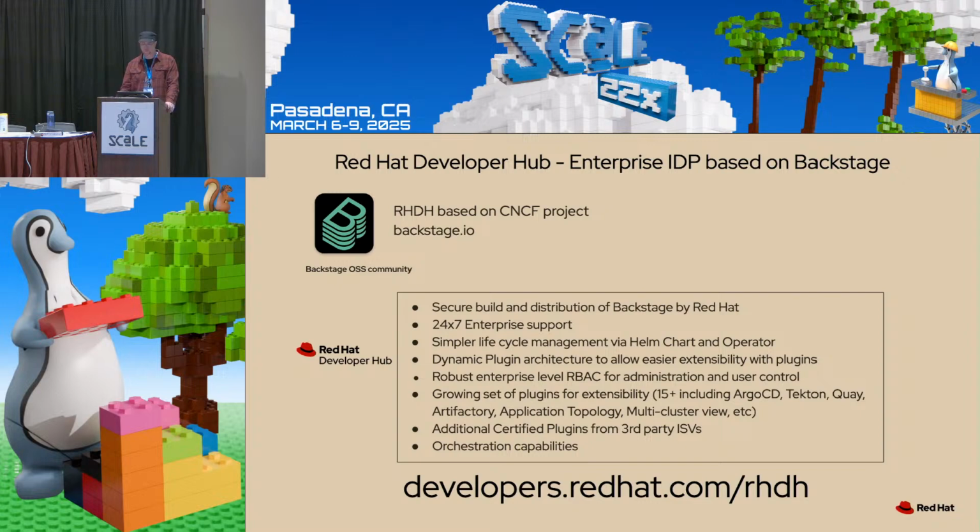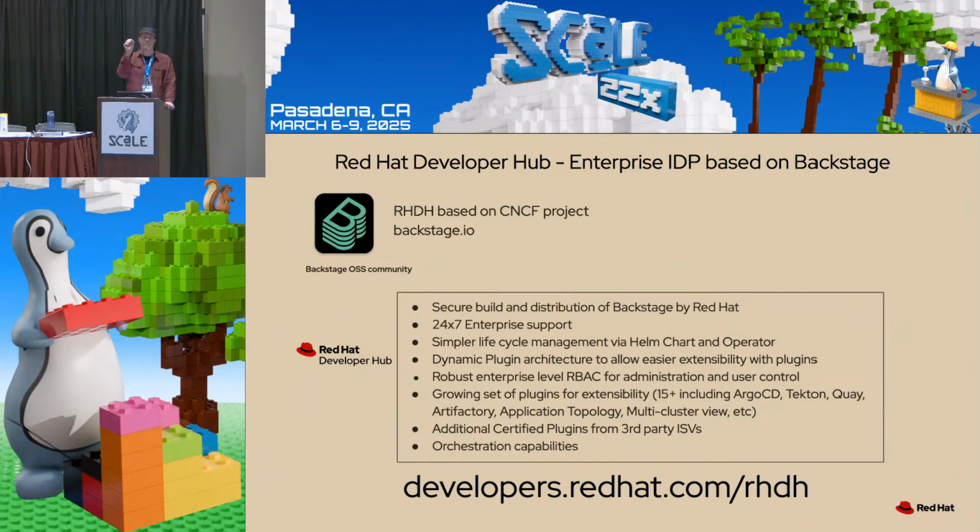So Red Hat also has its own version of Backstage, an enterprise version of Backstage, known as Red Hat Developer Hub. There's a couple differences here. I guess one of the main differences is the way we manage plugins. RHDH is kind of a dynamic plugin system. So you have little dip switches or checkboxes.